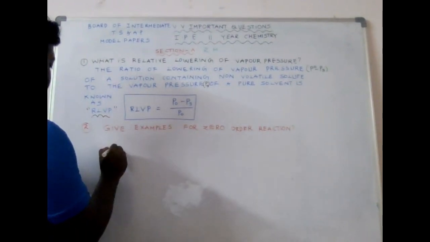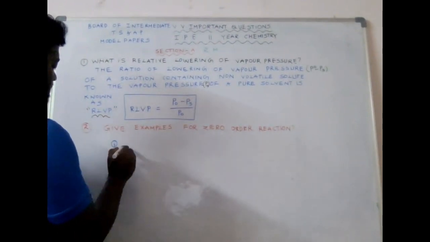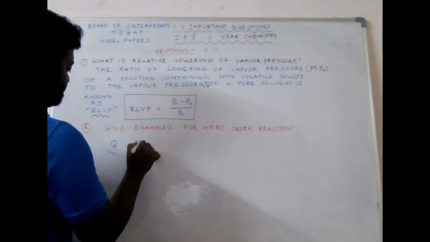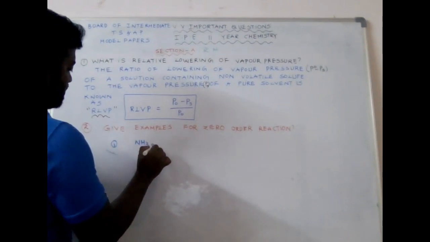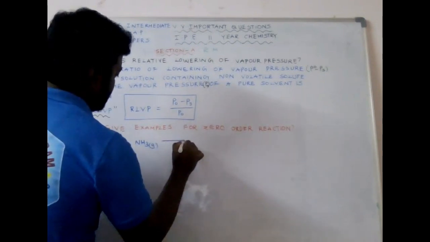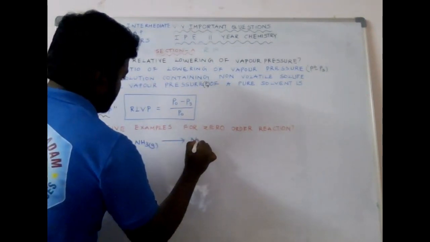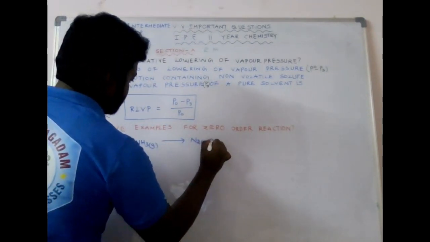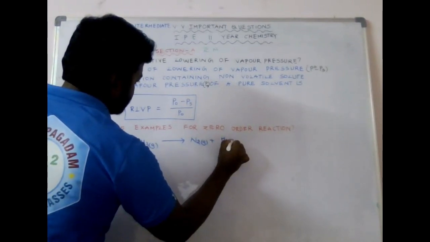The first example, the famous example, Haber's process, you can write. Ammonia gas will give nitrogen gas plus hydrogen gas.